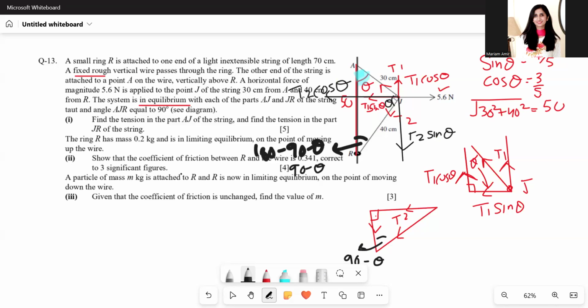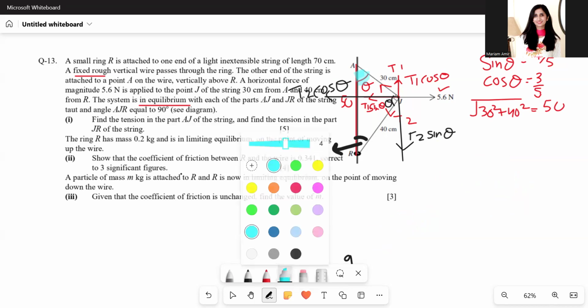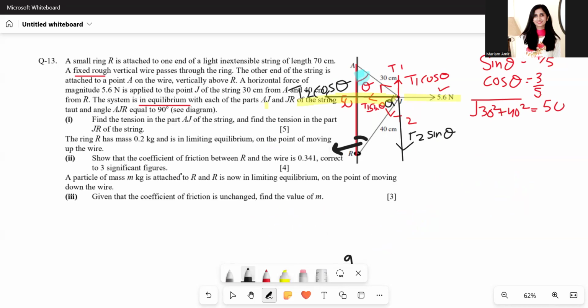Now let's equate the right forces, the left forces, and the up forces and the down forces. Equating the left forces with the right forces, 5.6 is equal to T1 sine theta plus T2 cos theta. So 5.6 equals T1 times 4 by 5 plus T2 times 3 by 5.